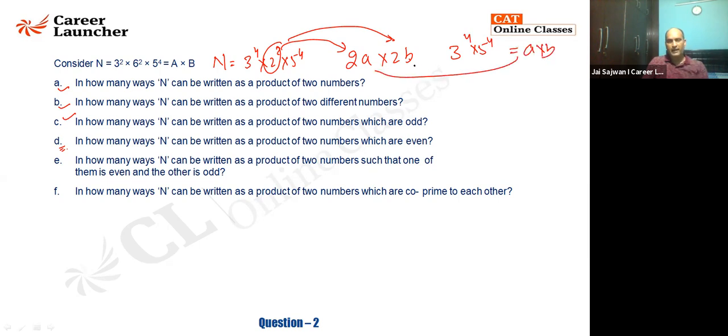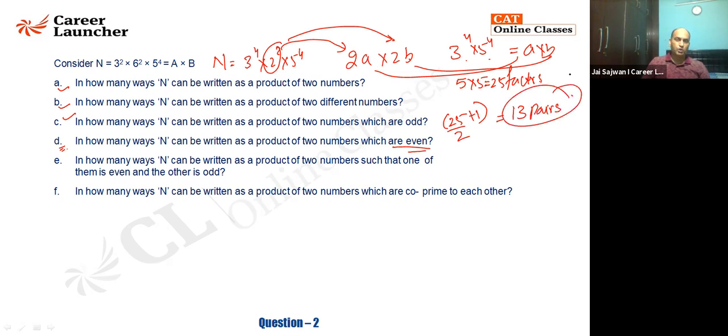These are this a and this b, because a 2 is coming in both of these numbers. So how many ways can I do it? I'll say it is 5 into 5 is 25. There are a total of 25 factors which are going to form. So in how many ways can this be written? I'll say it is 25 plus 1 divided by 2, my dear, it is coming out to be 13 pairs. There are 13 ways through which you can do it.